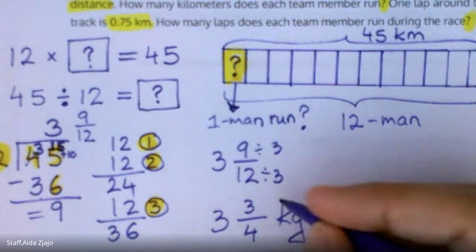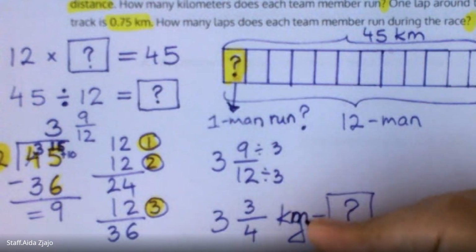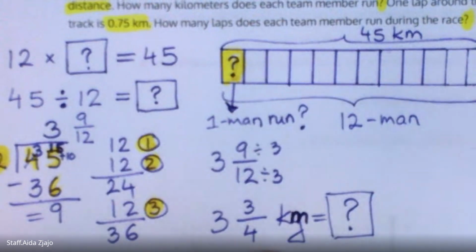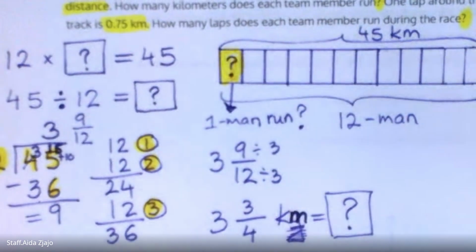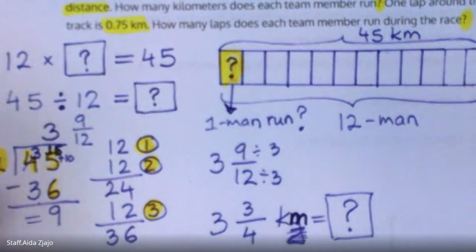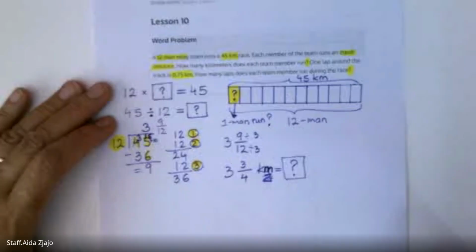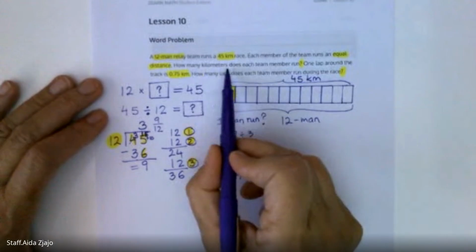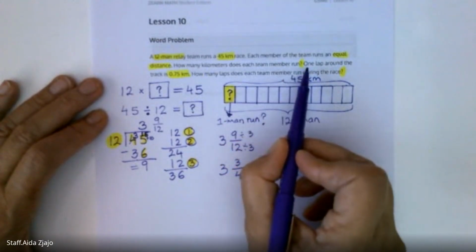Not kilogram, kilometers. Sorry, guys. So this is a mistake, right? Kilometers. We just answered question 1, which was how many kilometers does each team member run?